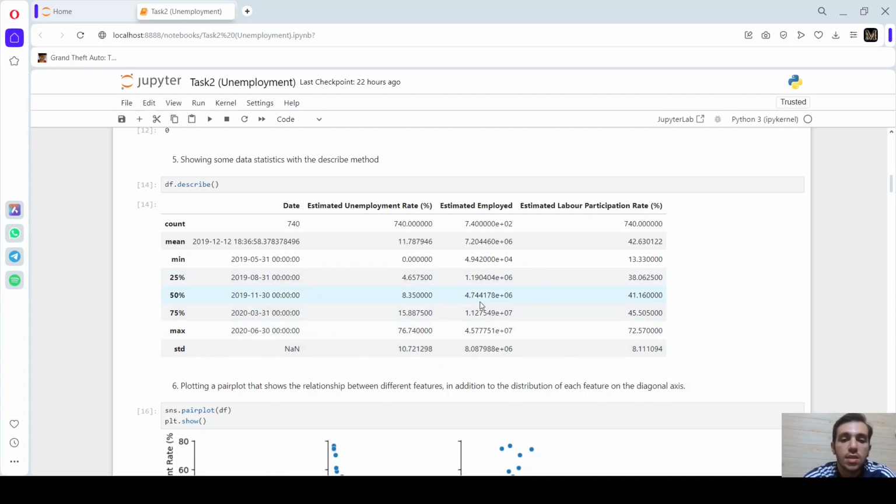And then we got some statistics like the mean, the minimum, maximum, different percentiles, and the standard deviation for our numerical data, like unemployment rate, estimated employed, and participation rate. And we can see that the mean unemployment rate is 11%, there are around 7 million workers, and 42% is the mean participation rate.